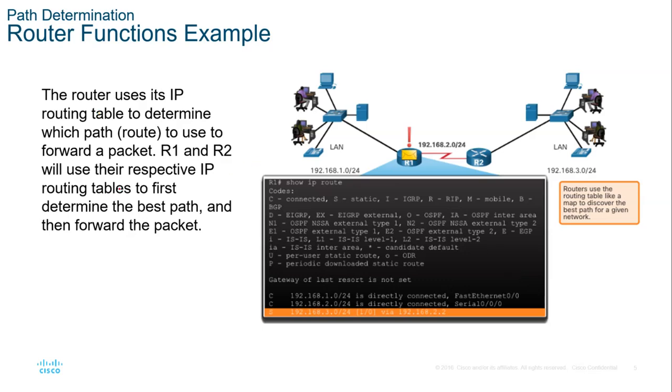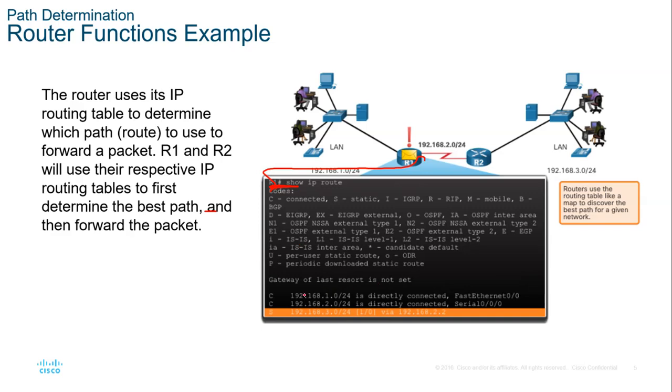So router 1 will use its respective IP routing table to first determine the best path, and then after determining the best path, forwards the packet on the best path. This is router 1, as you can see there.